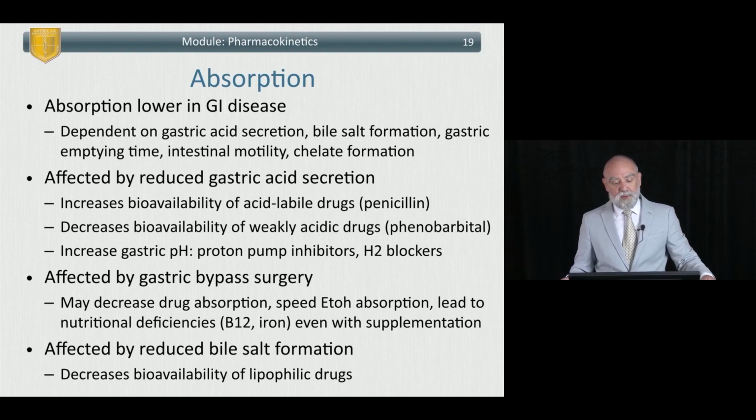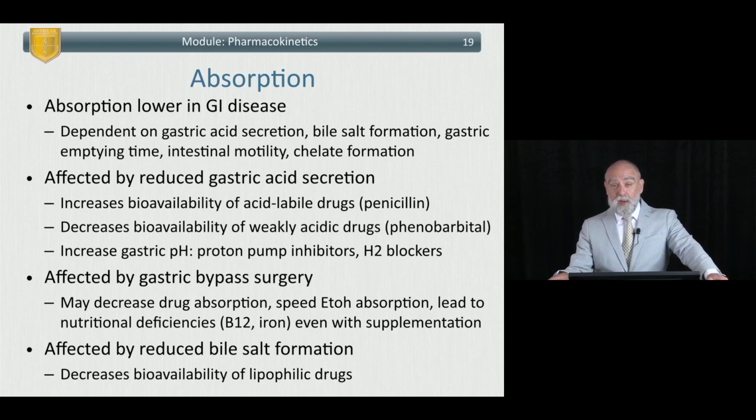Let's look at absorption. So absorption is lower in GI disease because absorption is dependent on gastric acid secretion, bile salt formation, gastric emptying time, intestinal motility, and chelate formation. Now, absorption is affected by reduced gastric acid secretion in both directions.